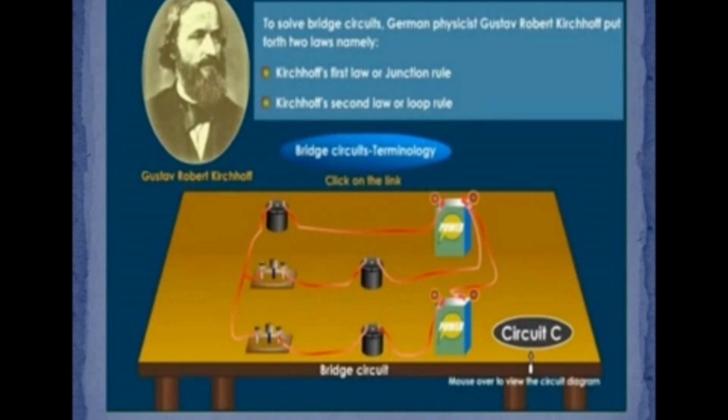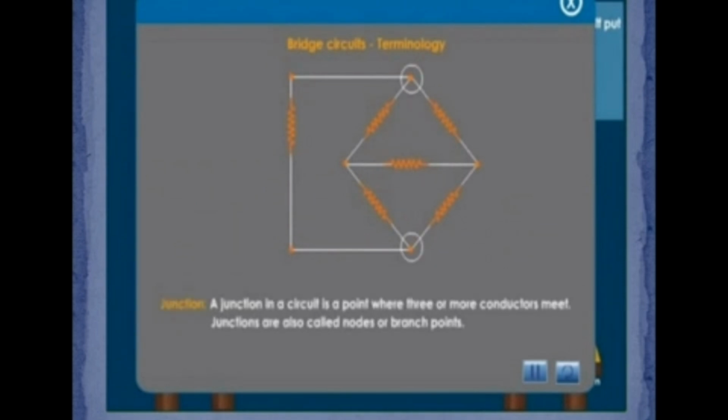First you are going to see the junction rule, called the first law, or current rule. See the bridge circuit, you can take it as a junction.